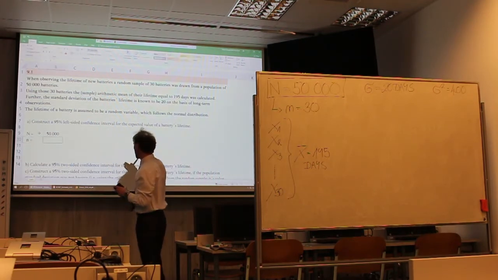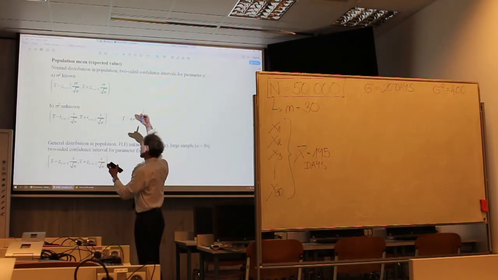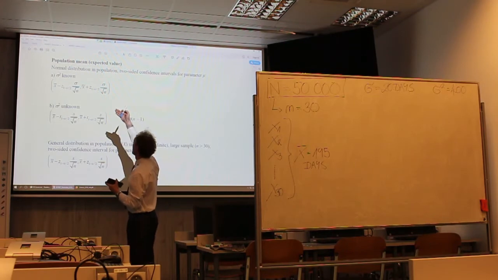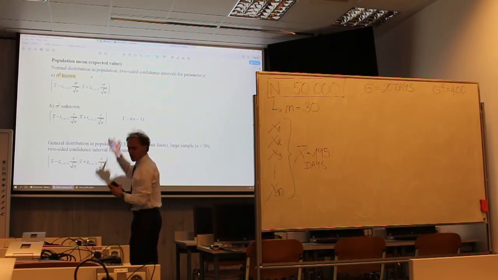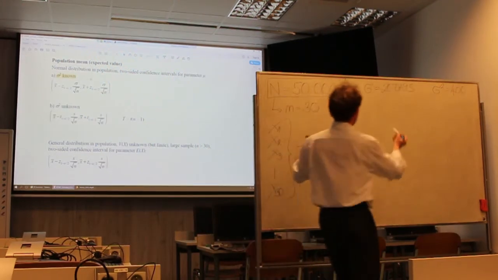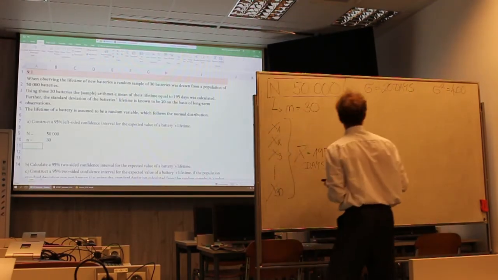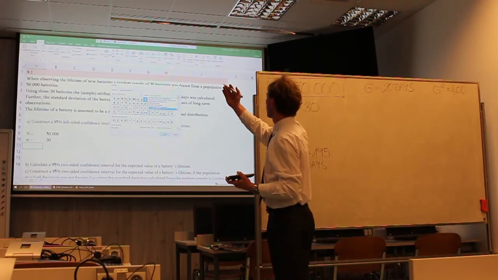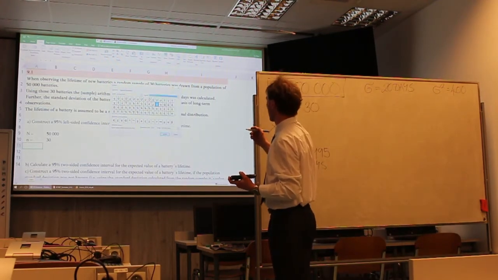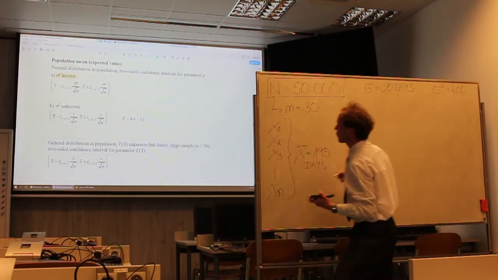So we need to know how the two-sided confidence interval looks, and we must know if sigma or sigma squared is known or unknown. Now it was written that the variance or standard deviation is connected with the population, so the variance is known. I will rewrite the formula on the whiteboard. What is written here?